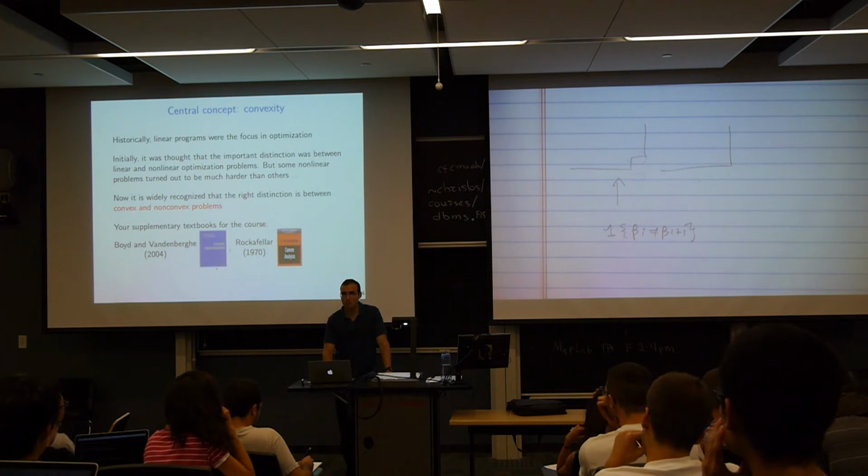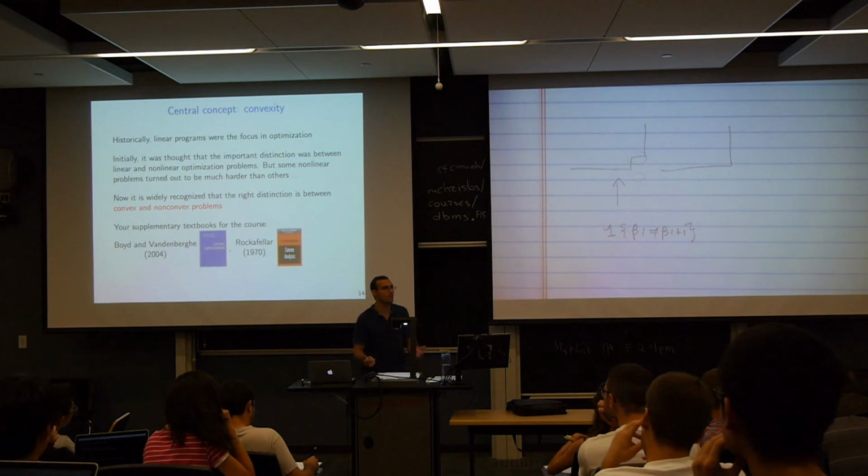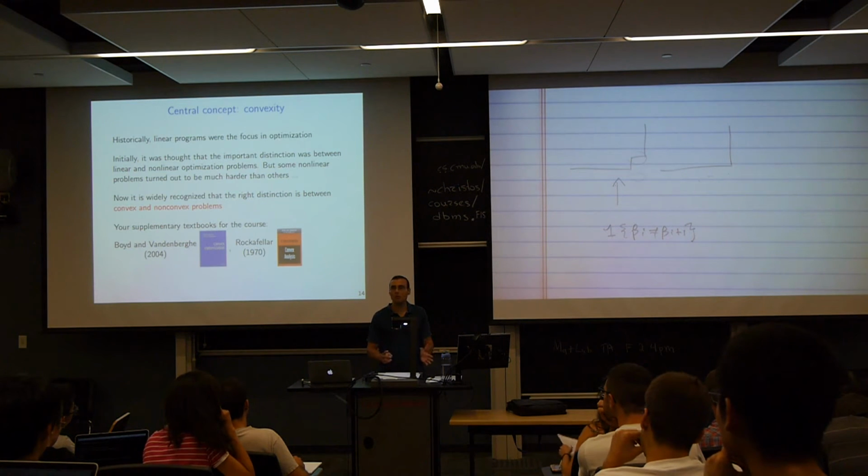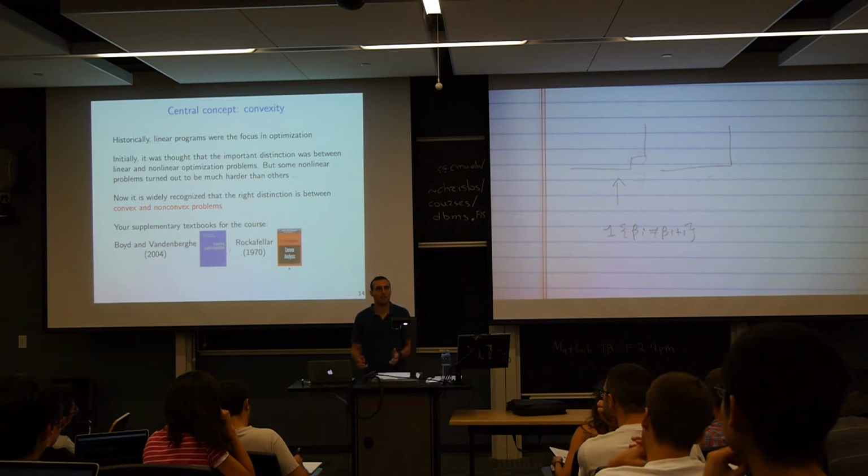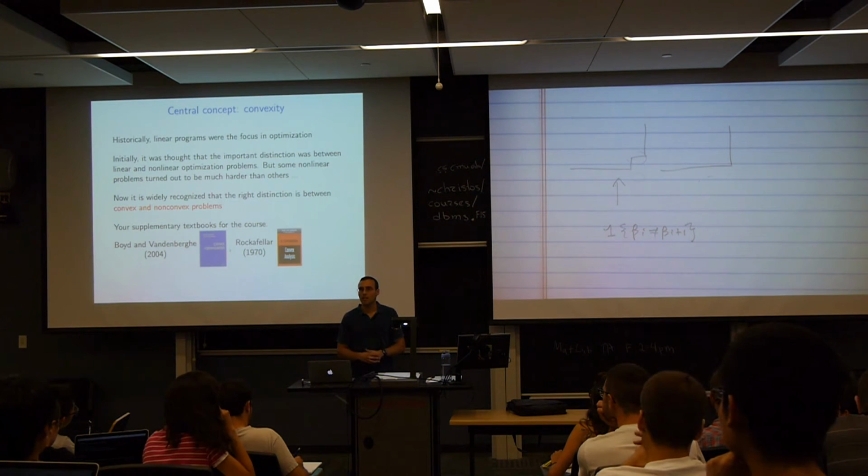The Convex Optimization textbook is much longer and a much gentler introduction. There are lots of examples, I think it's aimed more at engineering, and it has a lot more of the optimization side of things. The Rockafellar book is really like a math textbook. It's a presentation of convex analysis as a mathematical field, and so it has a lot more details about convex analysis.